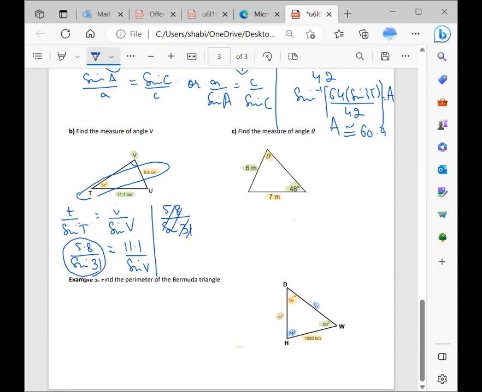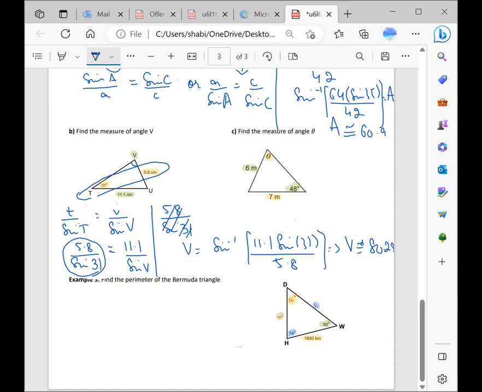Whatever answer you have here, just divide it by 11.1 and you will get your answer like this: sine inverse of 11.1 times sine 31 over 5.8. If you solve it in your calculator, you will get 80.29 approximately.